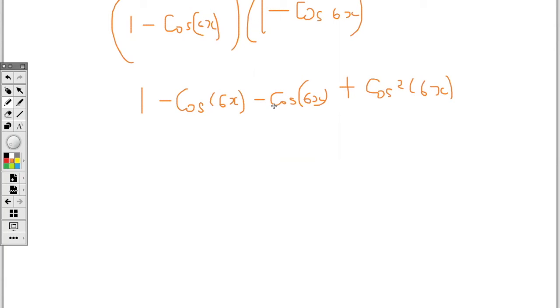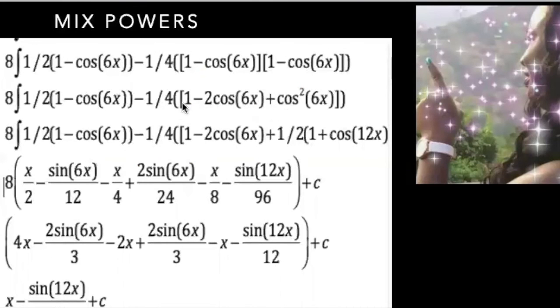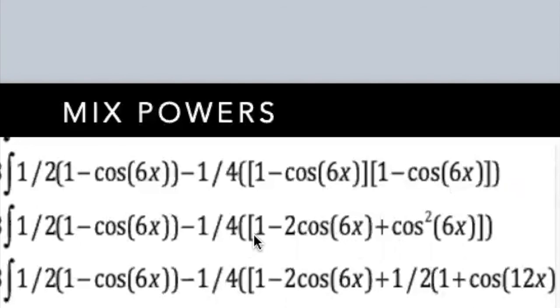Now, adding these two, we'll have 1 minus 2 cos 6x plus cos squared 6x. So that's what we have right here. Now, cos squared 6x can go further.